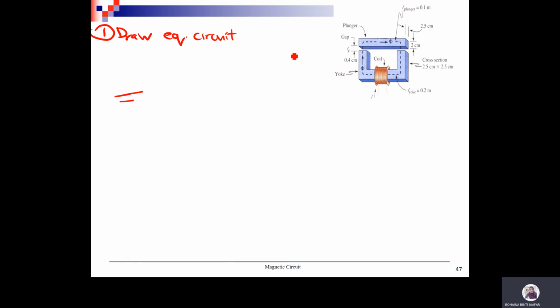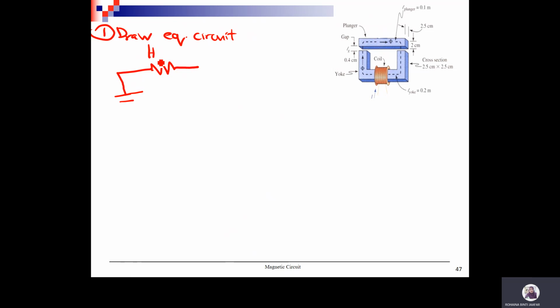This is your source here. And then one material is the plunger, so you draw the resistor for the plunger.